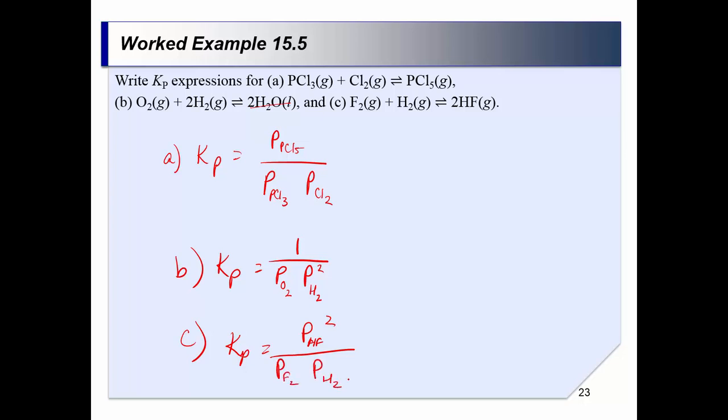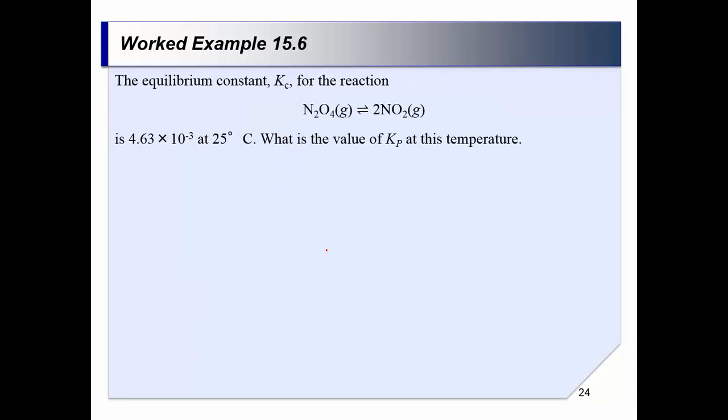So now let's use that Kc-Kp relationship in this problem. The equilibrium constant Kc for this reaction is given to us here at this temperature. So what's the value of Kp?